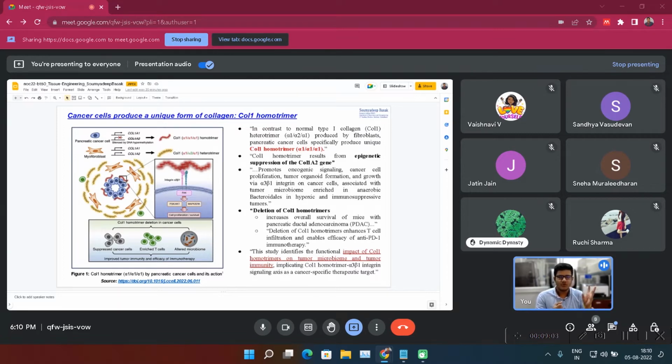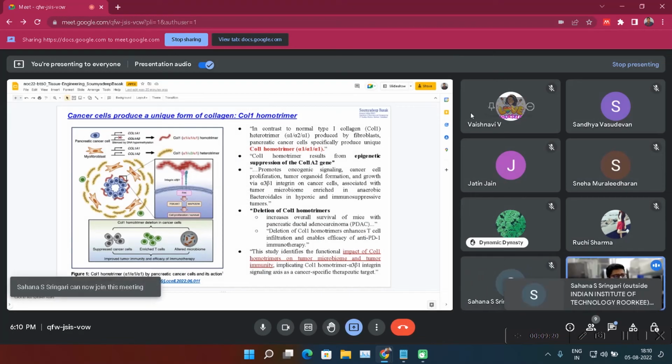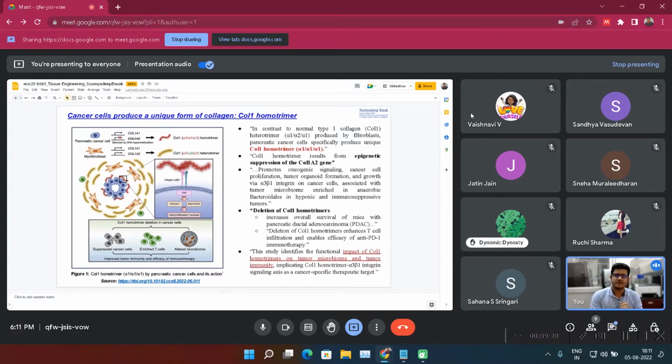As these homotrimeric forms enrich the cancerous ECM, it actually helps cancer cell proliferation, and tumor organoid formation is also encouraged. This kind of alpha 3 beta 1 integrin interaction is encouraged by collagen 1 homotrimer formation.